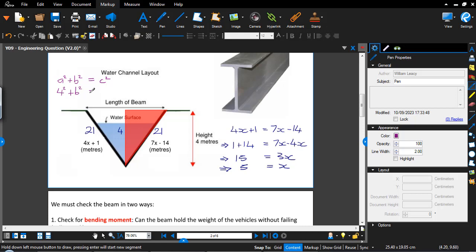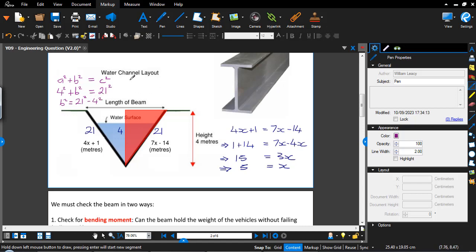We have an equation with one unknown, and that's 21 squared. So 21 squared is 441. So we're going to get b squared equals 21 squared minus 4 squared.